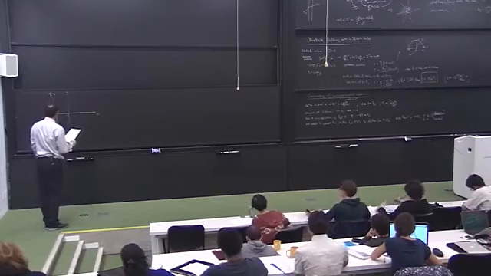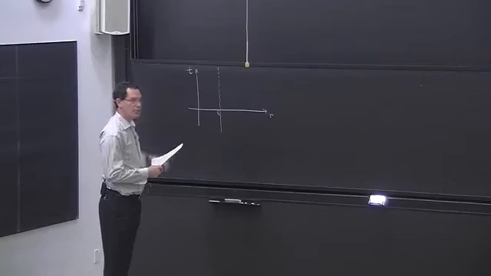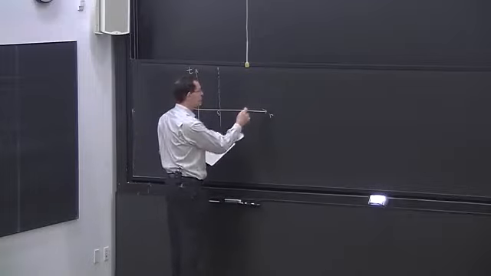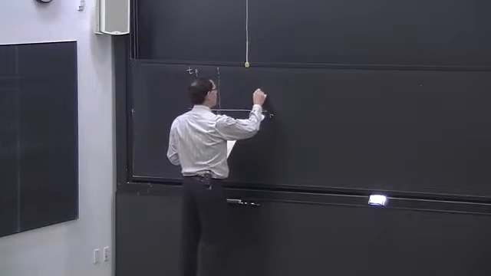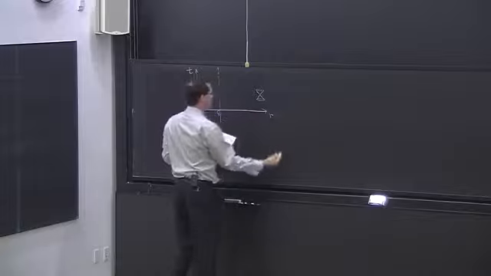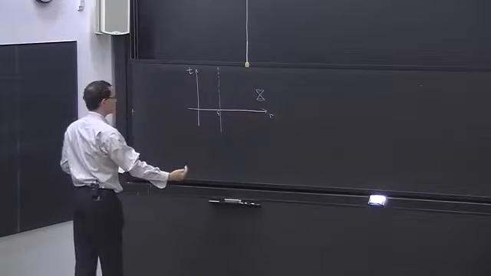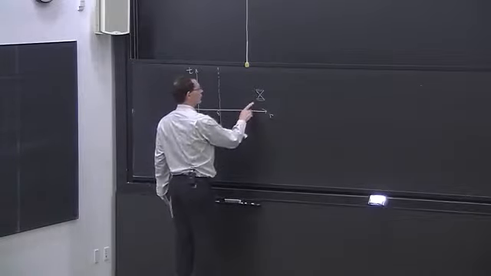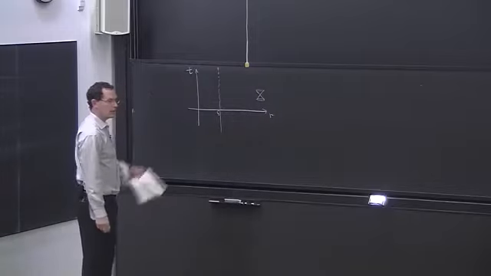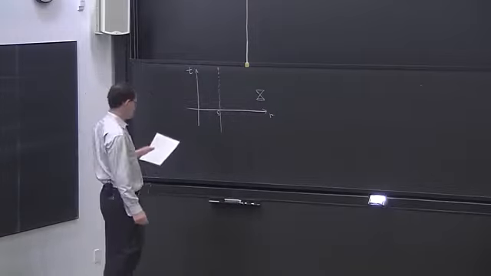A good way to understand the properties of a metric is to look at the motion of light rays in this metric. Out here, Rs over r is small, and basically you can have radial light rays which are either going in or going out or going in any angle, and they'll look just like they are in Minkowski space.